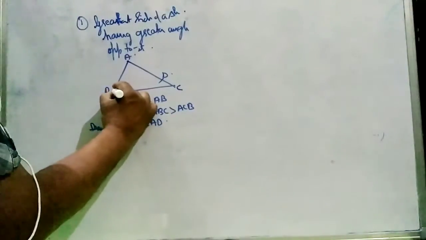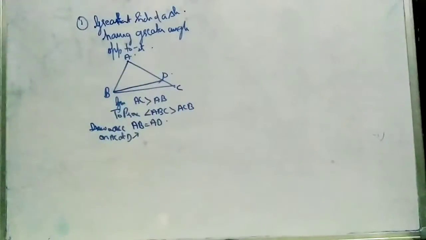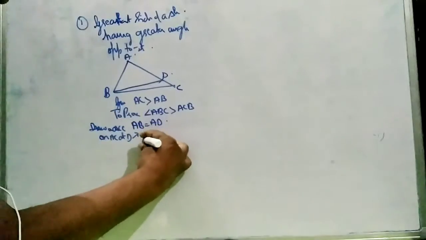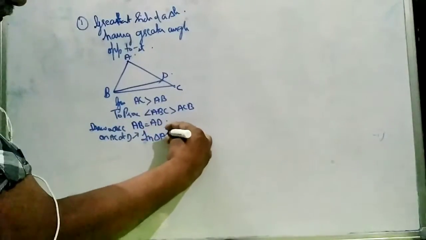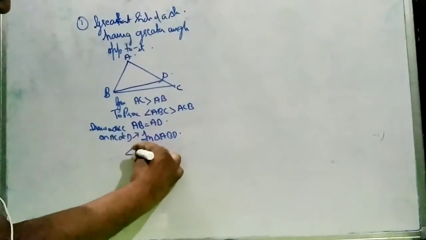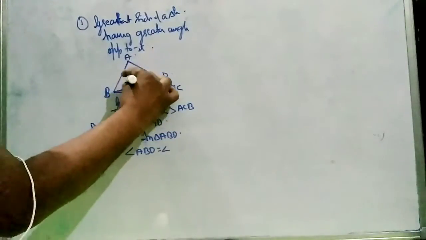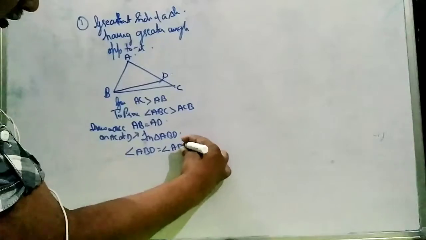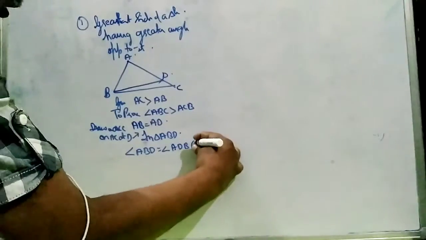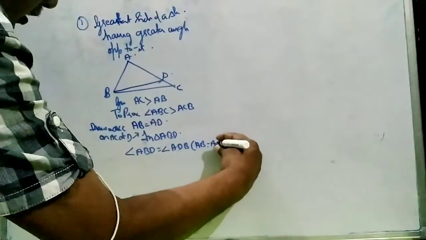Join BD. Now, in triangle ABD, angle ABD is equal to angle ADB. Why? Because AB is equal to AD.